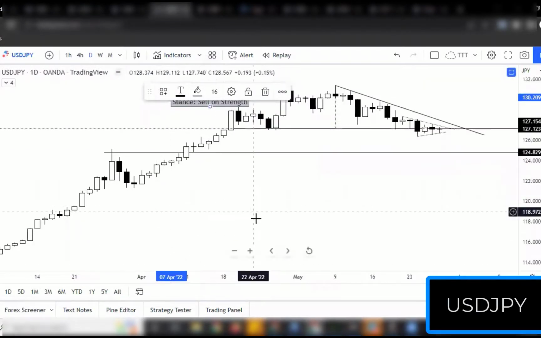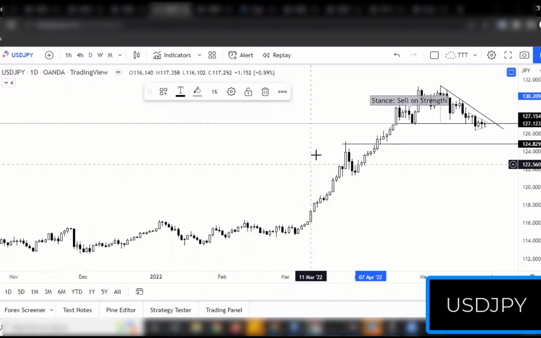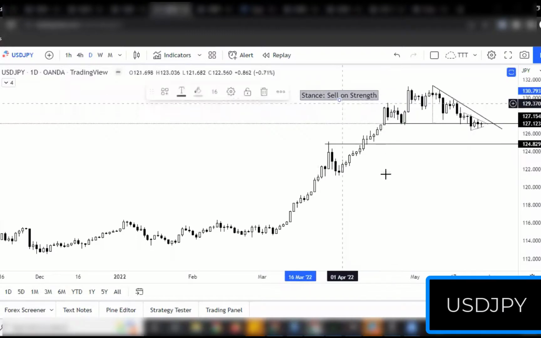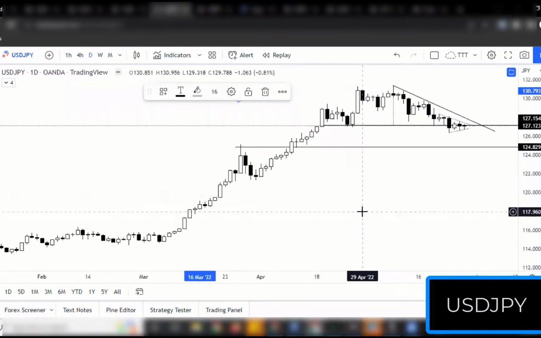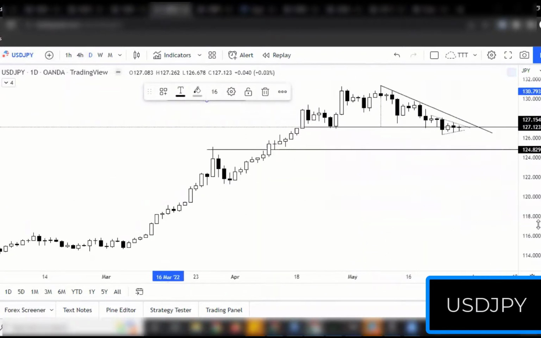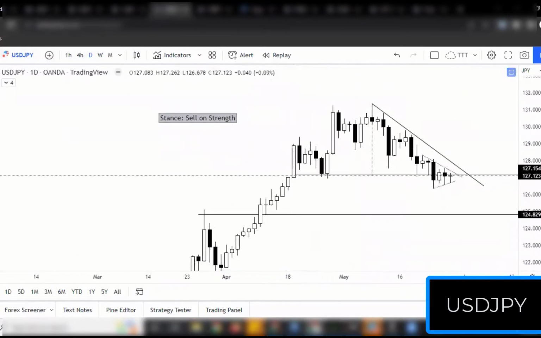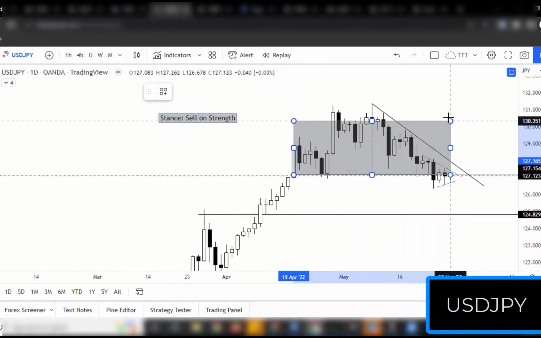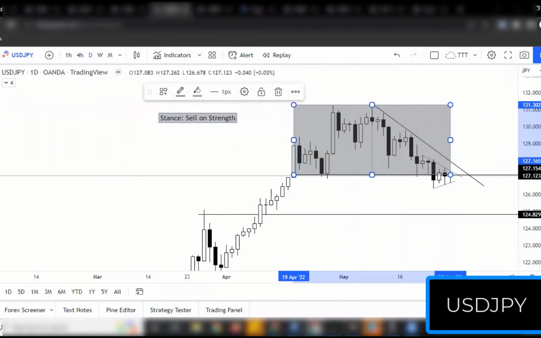Well, sell on strength is the stance in this pair, and if you see on a daily time frame, the price is in consolidation for a very long time, and we just see a breakout from here recently.